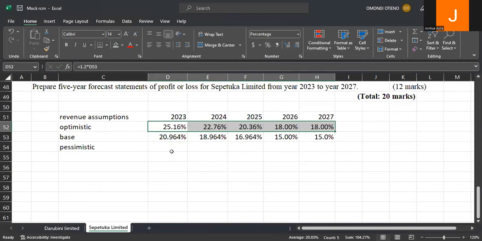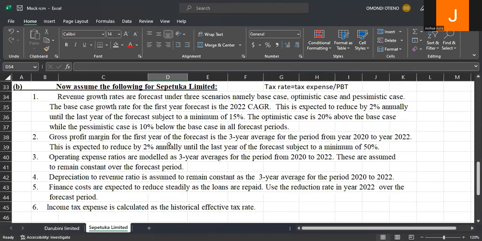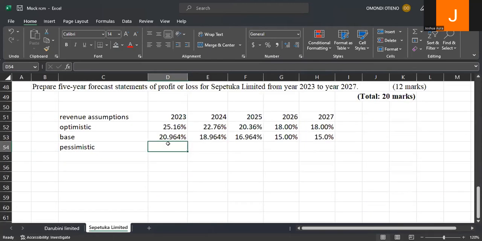And then you go and tell us something about this pessimistic, which I would want to throw a question to you. So please go up a bit. Then we read together the pessimistic now. So pessimistic case is 10% below the base case. Could you kindly help me interpret the pessimistic? 90%?